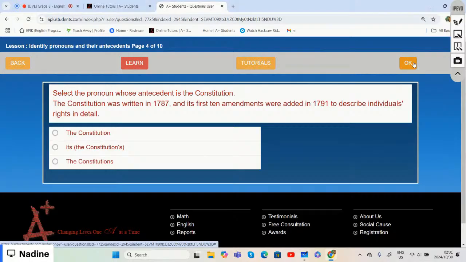The next one says: The Constitution was written in 1787 and its first 10 amendments were added in 1791 to describe individuals' rights in detail. We need to select the pronoun whose antecedent is the Constitution. Is it option 1, the Constitution, option 2, its, or option 3, the Constitution?